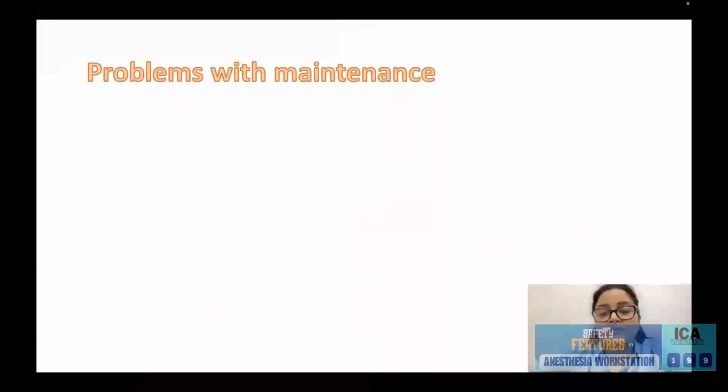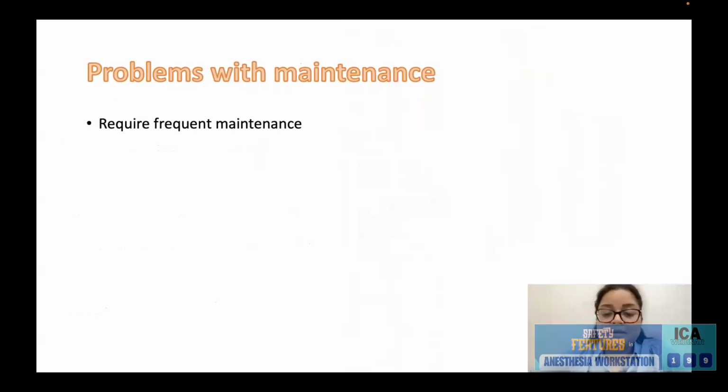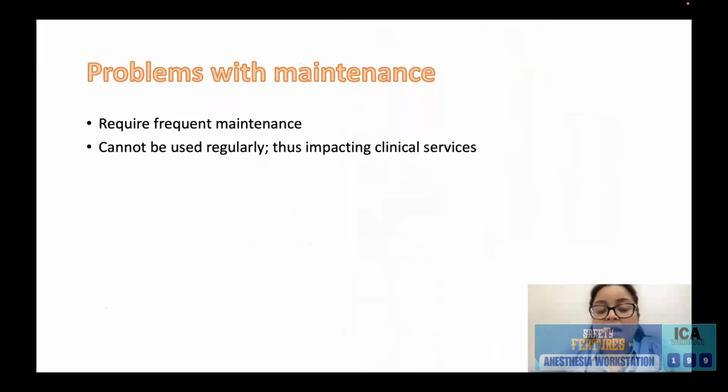Another relative criterion is if there is a significant problem with the maintenance of the machine. That is, if the anesthesia workstation is so old that it requires frequent maintenance, and because of it, it cannot be used regularly and it is impacting clinical services, then it is unsafe for patient use.